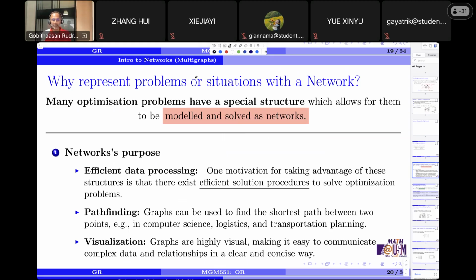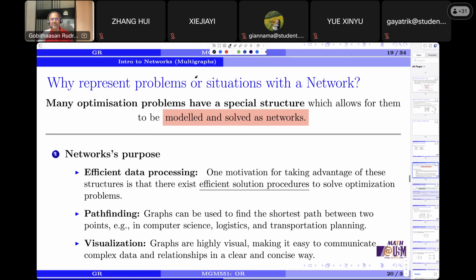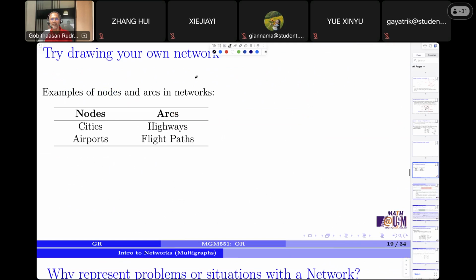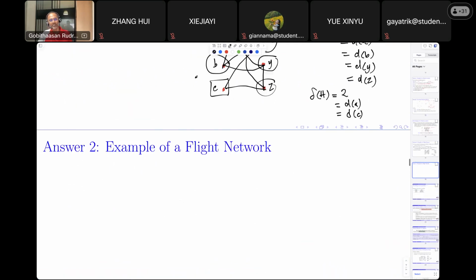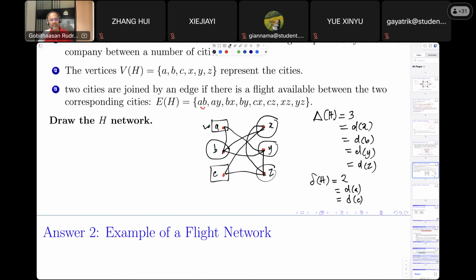For example, a simple problem would be path finding. If you see here, I want to take a flight from A to Z. There are probably a number of ways to do it, right? One way would be to transit to Y and then go to Z, or transit to B. Or if I transit to B, then I go to Y and then to Z. Is there any other option?